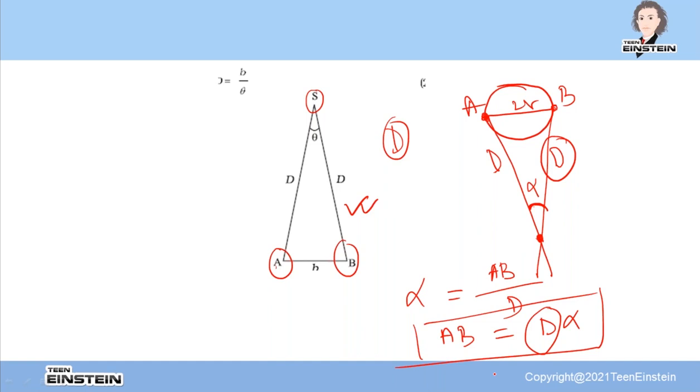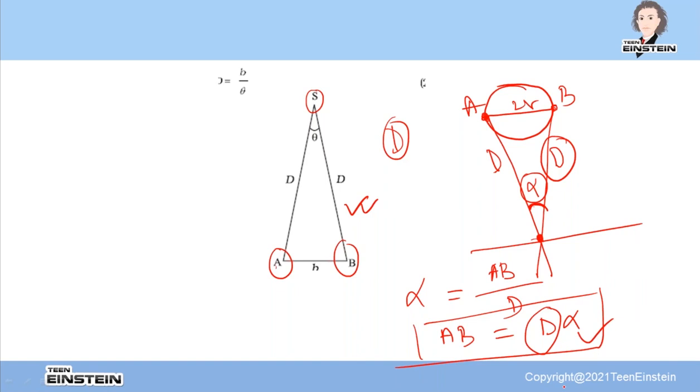For both ends you can get the angle of parallax like this, and you can find out the diameter of the planet. Okay, so this is what was today's lesson.